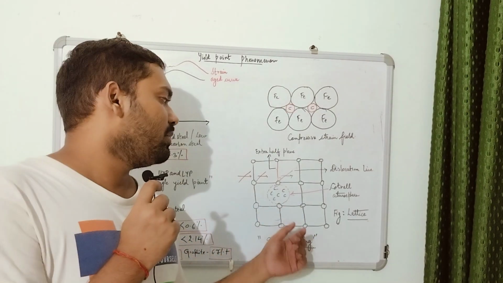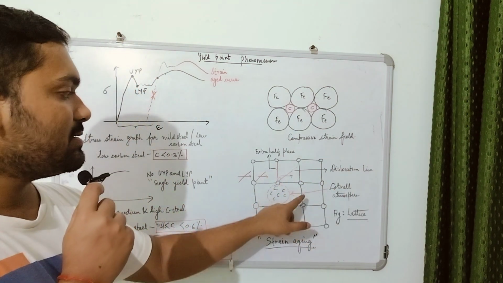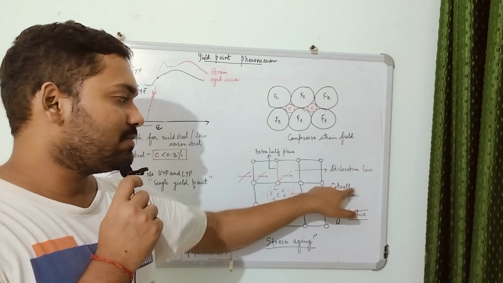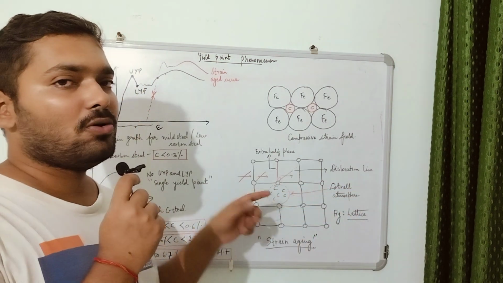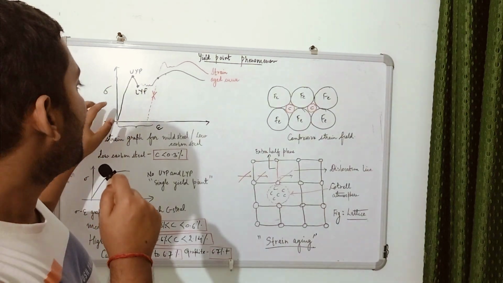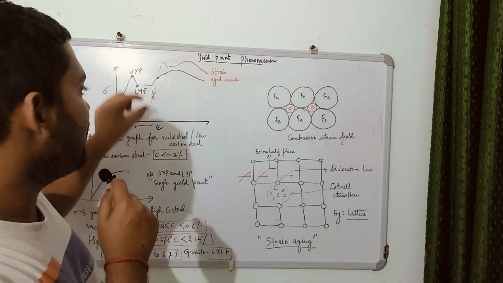And as the dislocation line keeps on moving, it faces very small regions of Cottrell atmosphere or carbon atoms ahead also. Due to that, you can see a zigzag pattern, and the stress value keeps on oscillating in this region in a very small range.